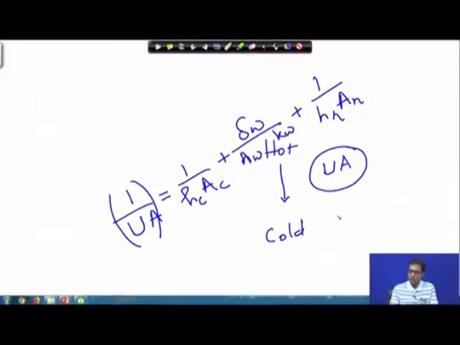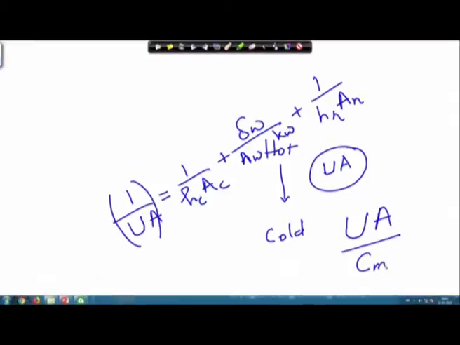Now we find that the ratio between the overall conductance and the minimum capacity is becoming important, as it relates the amount of heat that could be transferred from hot to the cold fluid. So, we define it as UA by C min.